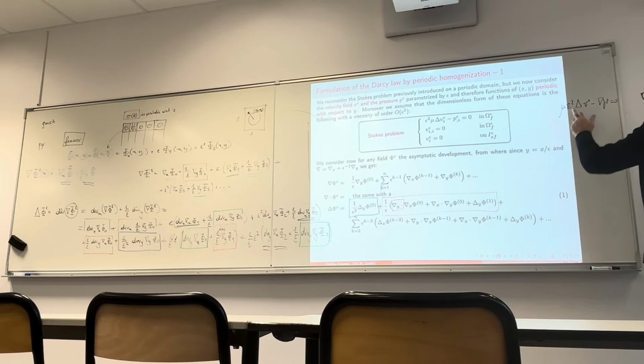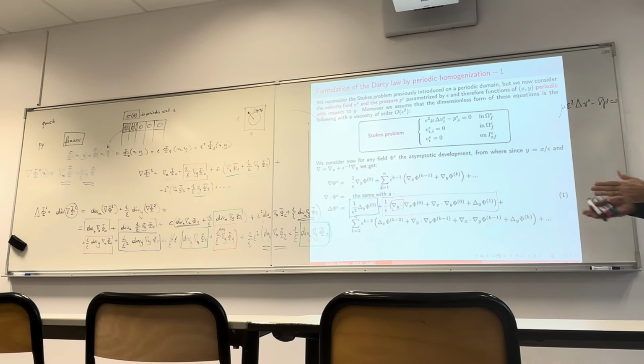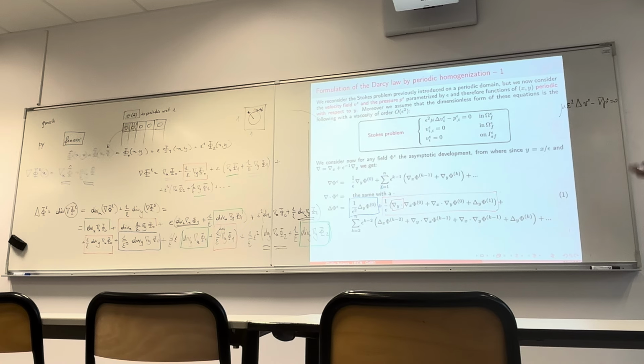So you can notice, starting from this calculation, that you will have in this equation different terms of different order. So we can collect in the end the equation at order 1 by epsilon, at order epsilon to the power 0, epsilon to the power 1, and so on. And all these problems will be independent because they are at different scales, and so they should be solved as a cascade of problems.